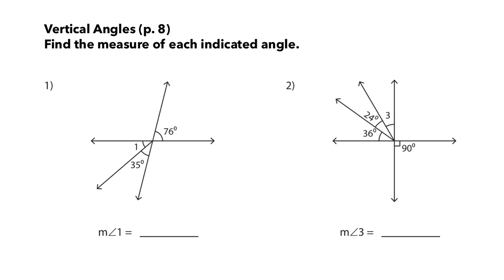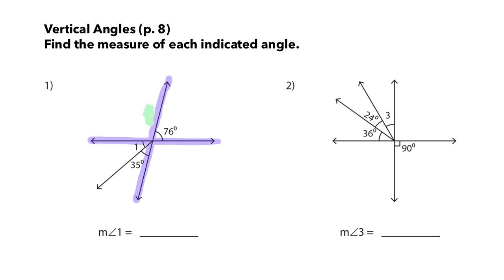So find the two intersecting lines first, the one through the middle. I'm going to highlight those. This line is being intersected by this line. If I look at what's been highlighted in blue, we have two sets of vertical angles.